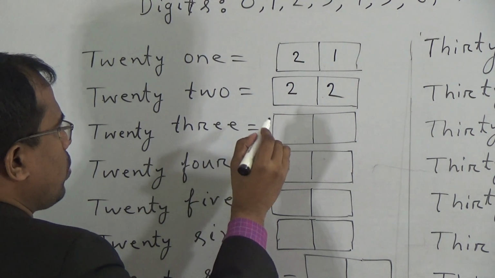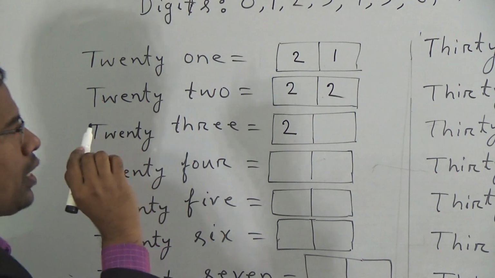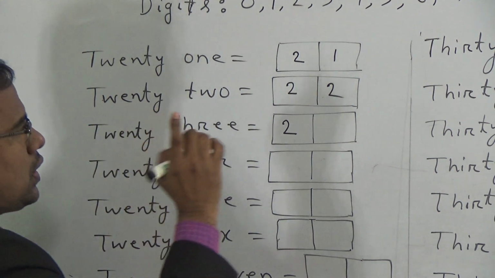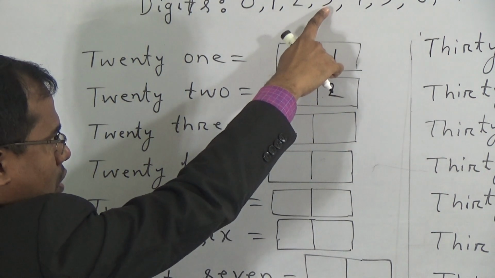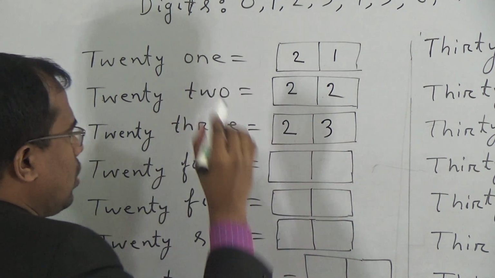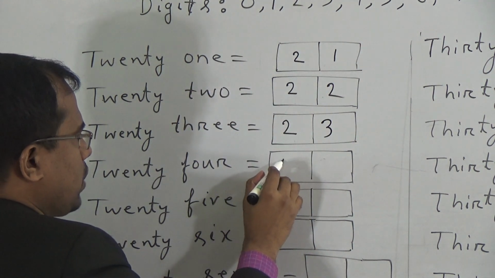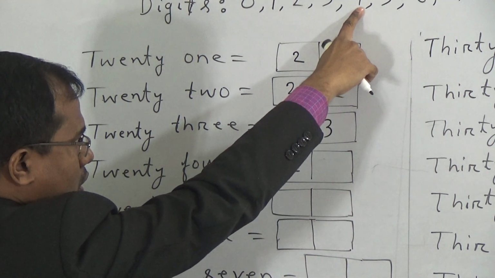Here we have to keep fixed 2 in tens place and just we have to change the digits of ones place. Instead of 2 now we have to write digit 3.